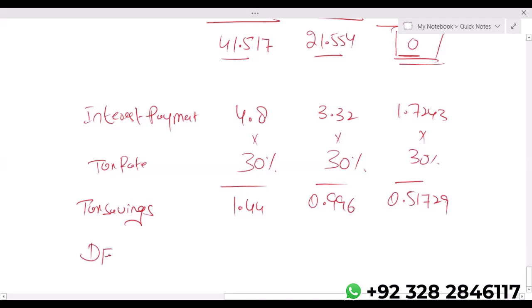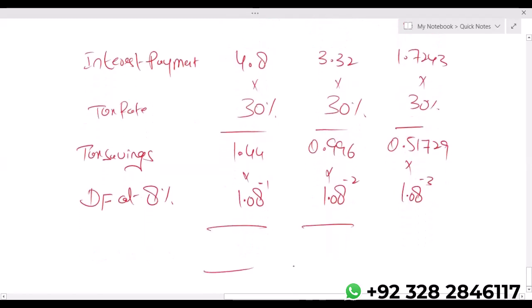Discount factor: the normal borrowing rate at 8%. 1.08 to the power minus 1 for the first year, minus 2 for the second year, minus 3 for the third year. 1.44 into 1.08 to the power minus 1: I'm getting 1.333.